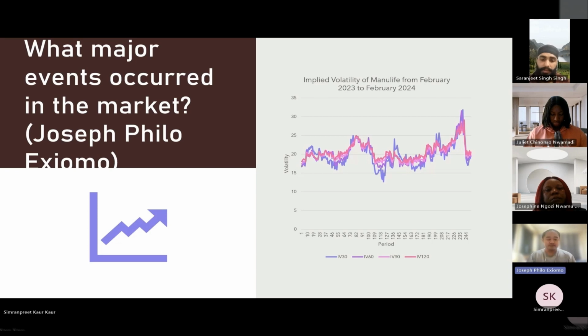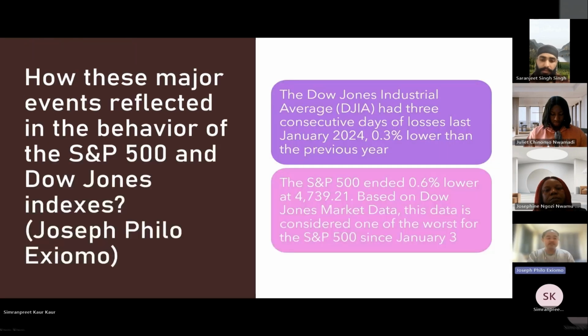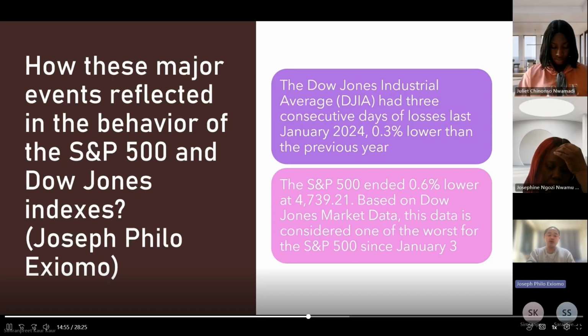So next slide. How do these major events reflect in the behavior of the S&P 500 and Dow Jones? When it comes to Dow Jones, they had 3 consecutive days of losses last January 2023, which is lower than the previous year. So it's quite a good indicator on their part.